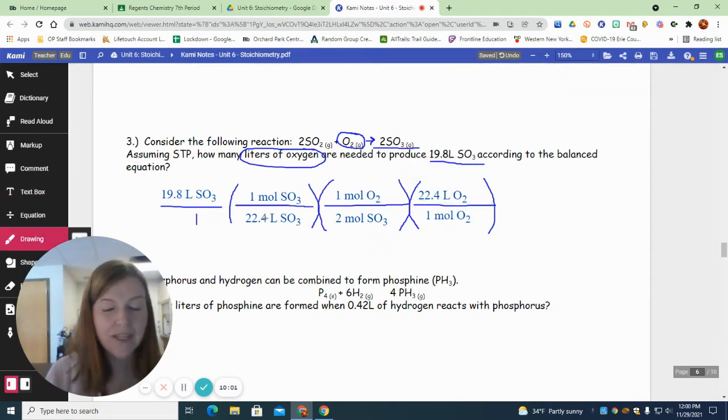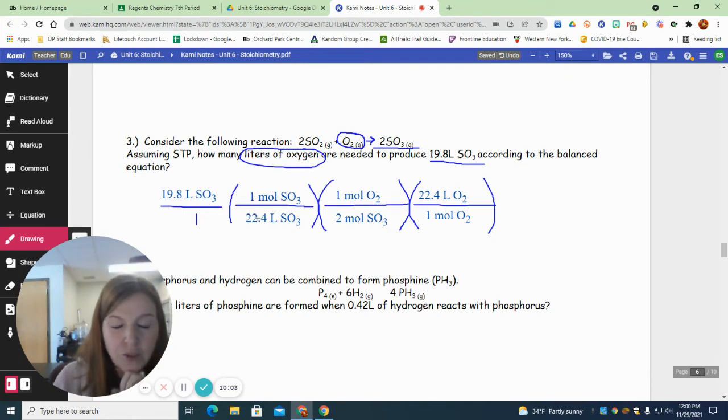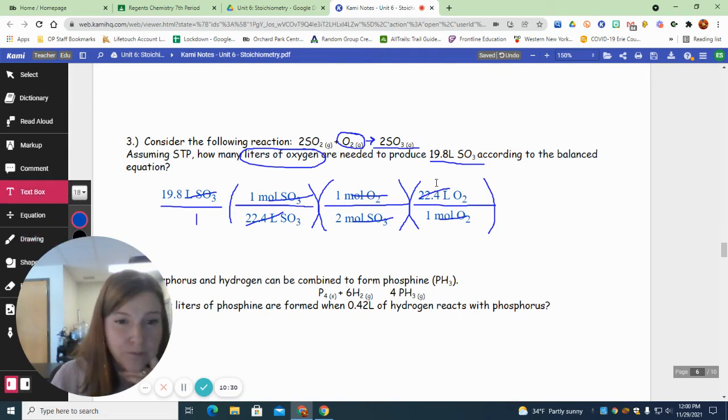So with a problem like this, where you have 22.4 liters of one thing in the denominator and 22.4 liters of something else in the numerator, you're allowed to just cancel that out. The whole 22.4 thing cancels. If I cancel out my units, what I'm left with is liters of O2.